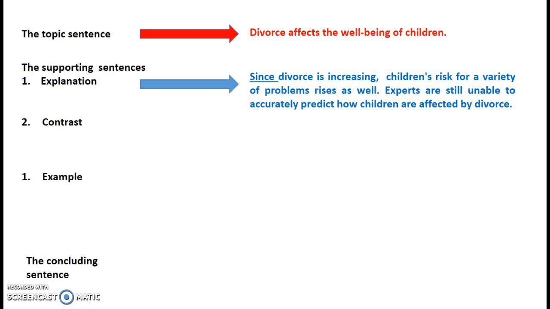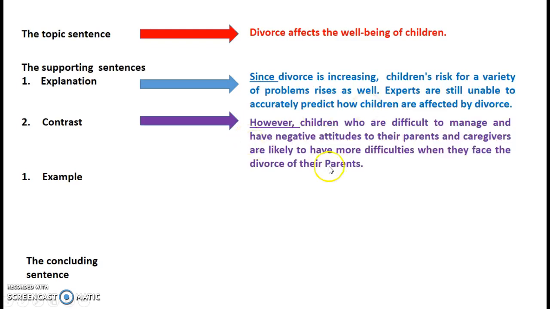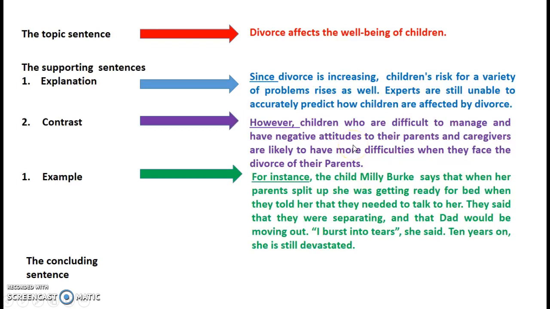Then provide a sentence which could work as a transition after the explanation. Now, in this paragraph, I'm contrasting and I'm using as well a conjunctive adverb. This is "however," and it easily introduces an idea to contrast what I said before. The example is a testimony I took from the internet, and I'm actually citing it, putting the reference at the end of the document.